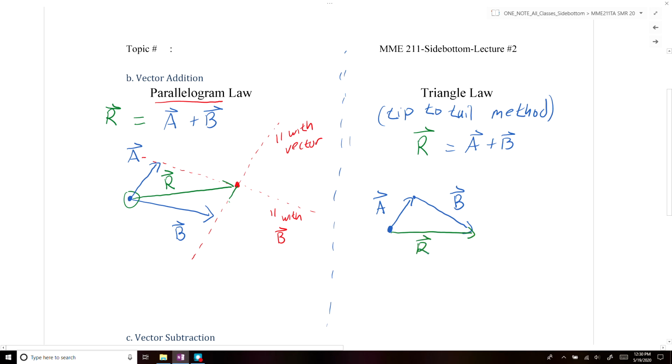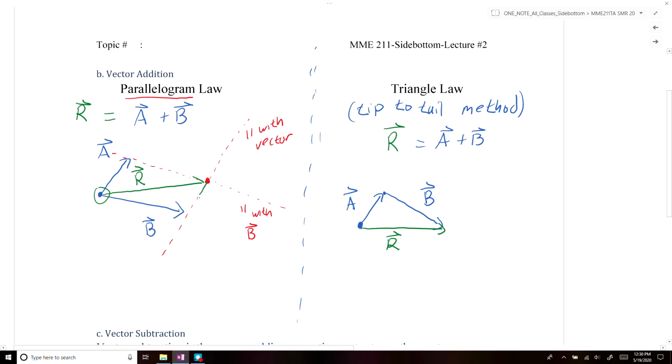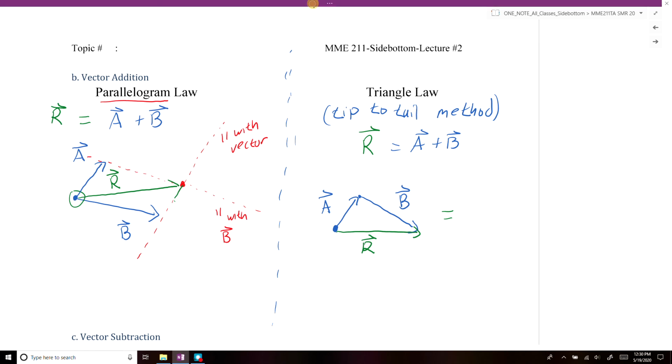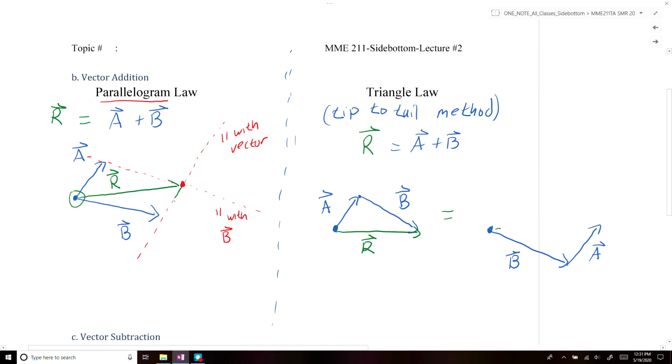Alright, so what I'd like to mention here is that it doesn't matter which vector you start with. You could have first drawn vector B, and then you could have drawn vector A from the tip of vector B, and then you would have still gotten the same resultant vector here.